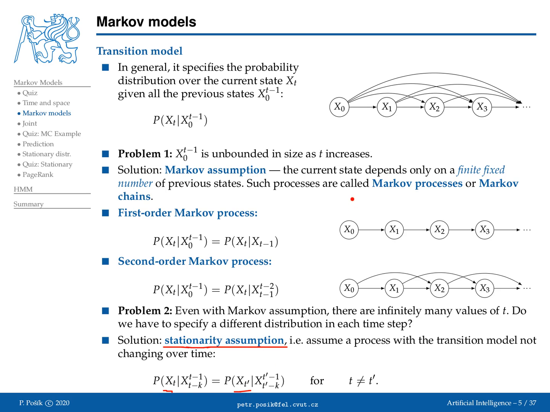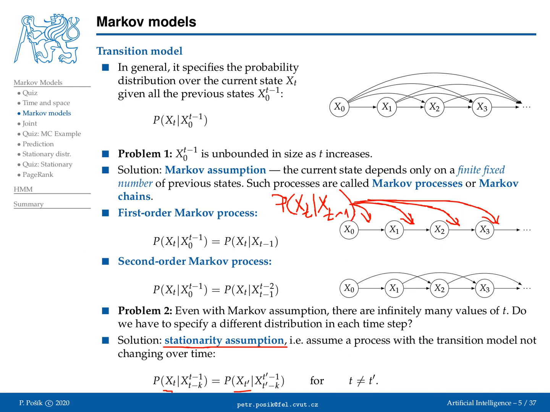So all of these transitions are described by a single model, the probability of xt given xt minus 1.